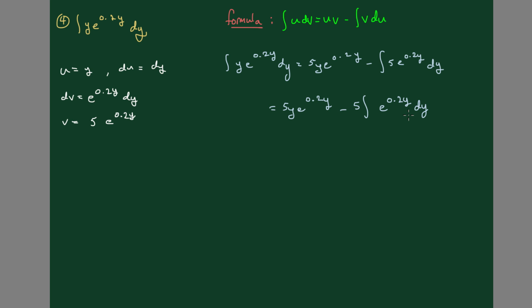So if we integrate this over here, we just get a 1 over 0.2 times the original function, right? When you integrate e functions, you usually get the original function back. So this is going to be 5 times y times e to the 0.2y, and then minus 5 times this integral here evaluated, which is going to be 1 over 0.2 times e to the 0.2y, and plus c.